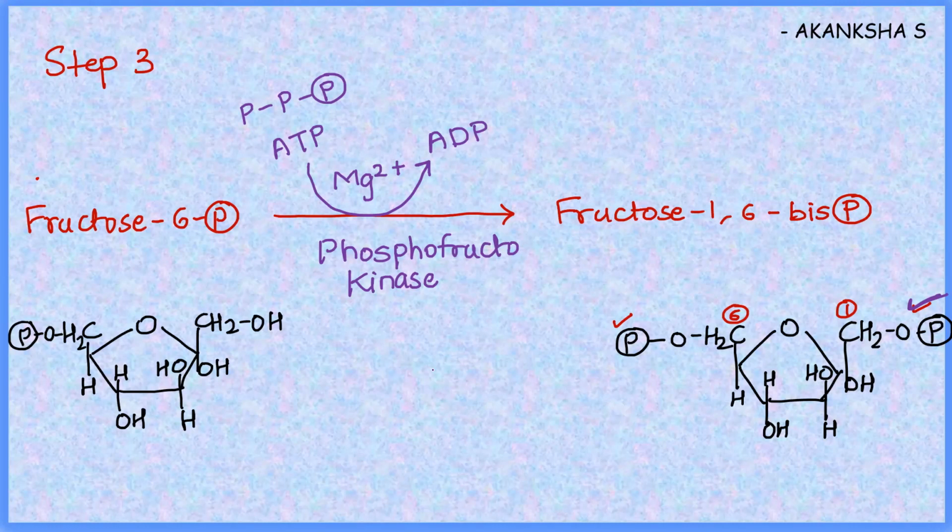We have discussed 3 steps. From glucose, we went to glucose 6-phosphate, to fructose 6-phosphate, to fructose 1,6 bisphosphate. Now after step number 3, we have step number 4. In step number 4, what is happening?